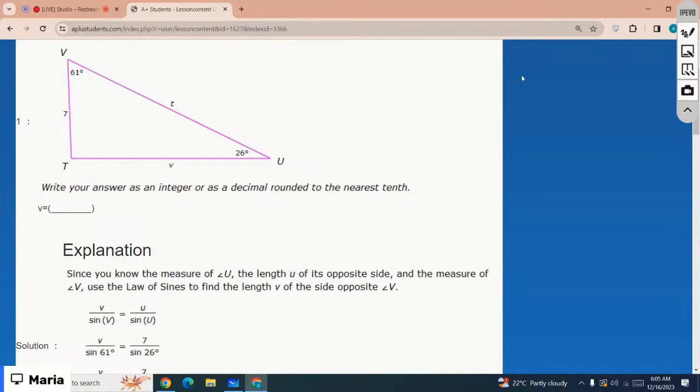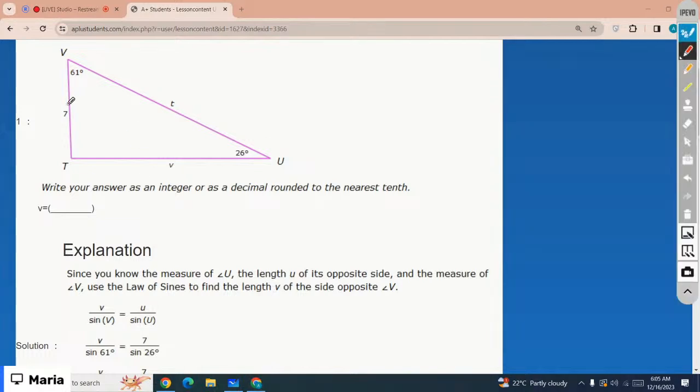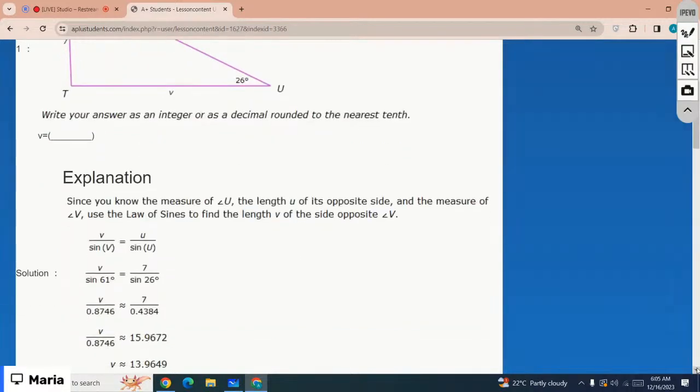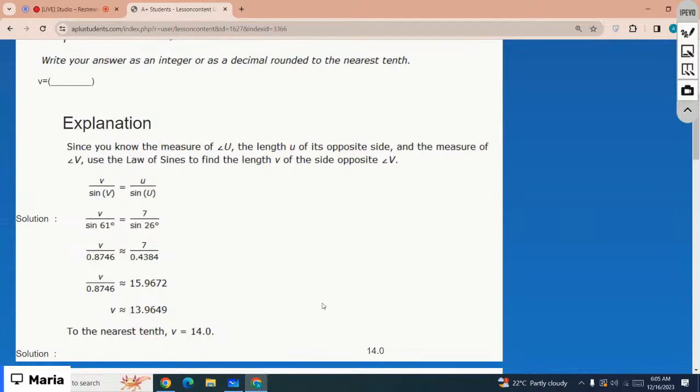You can use v over sine v equals u over sine u. You need to calculate the side v, and you are given angle v. So v equals 7 times sine 61 divided by sine 26. Just do the calculations, and v equals 14.